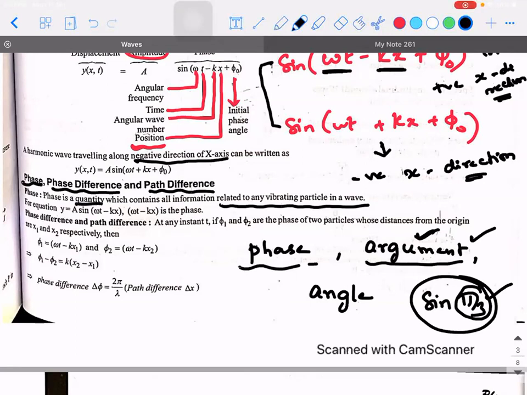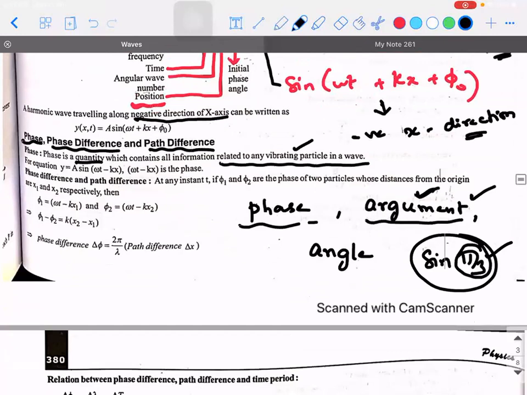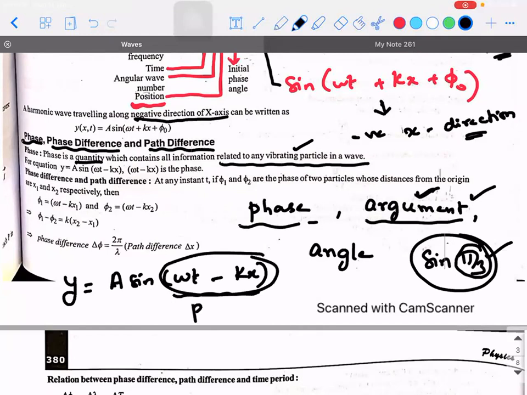Phase is such a quantity which contains all the information related to any vibrating particle in the wave. If I take y is equal to a sine of omega t minus kx, then this omega t minus kx is called the phase.